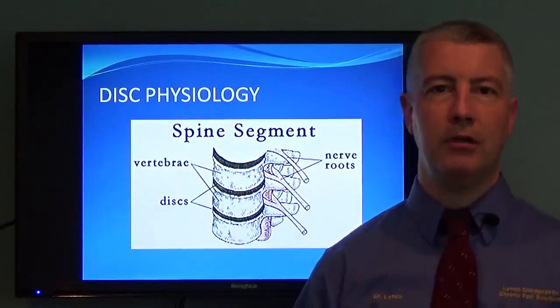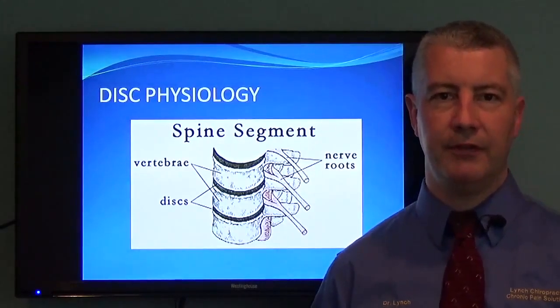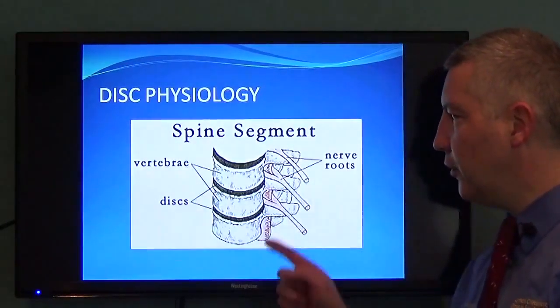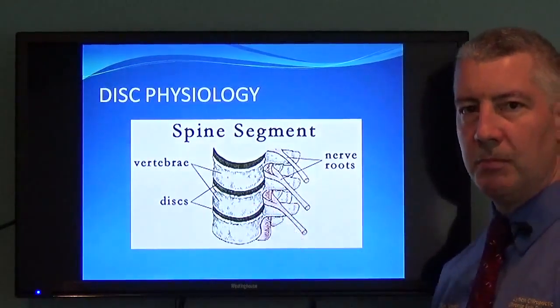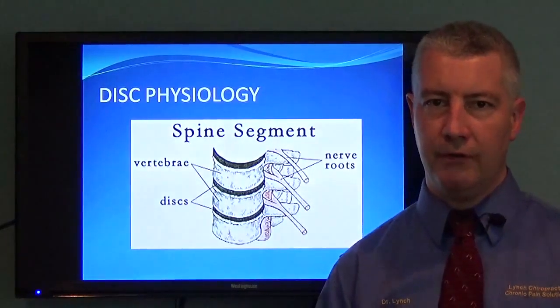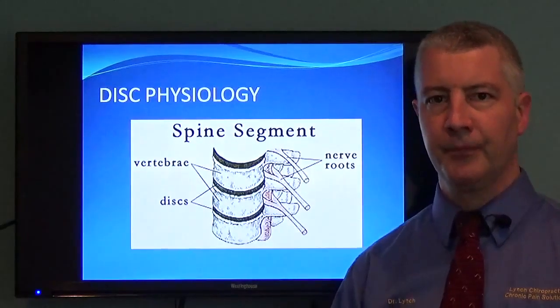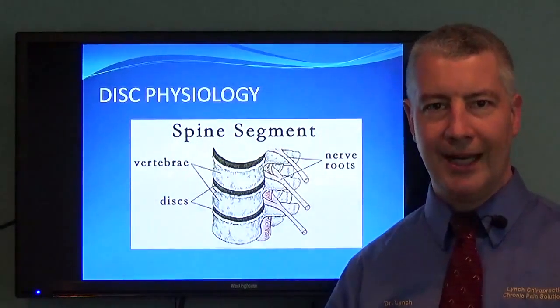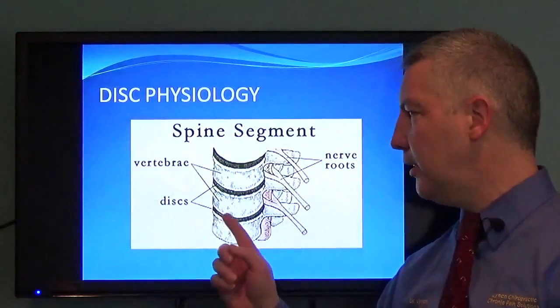Now, let's talk about the anatomy and physiology of the disc. First off, you have the bones in the spine around the disc. The bones go around the central nervous system or the spinal cord, and they have cartilaginous discs in between them.